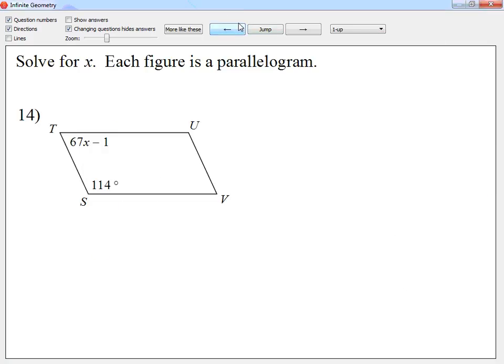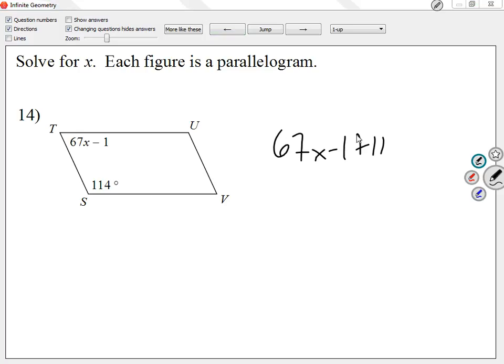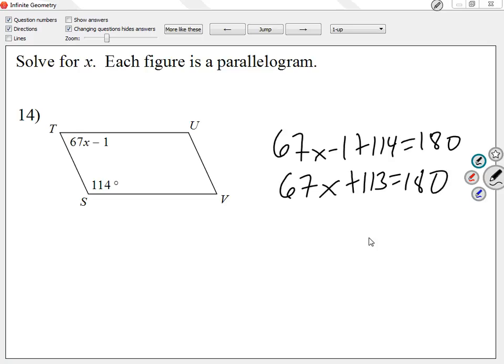Looking at 14, those two angles are adjacent, right, because they're connected by a side. So I'm just going to say 67x minus 1 plus 114 is equal to 180. I added angle T and angle X. To simplify this a little, 67x plus 113 is equal to 180.